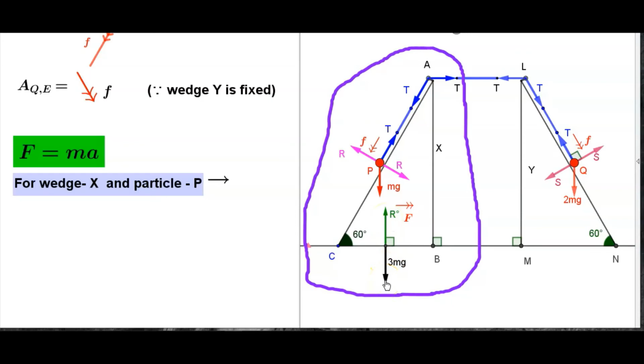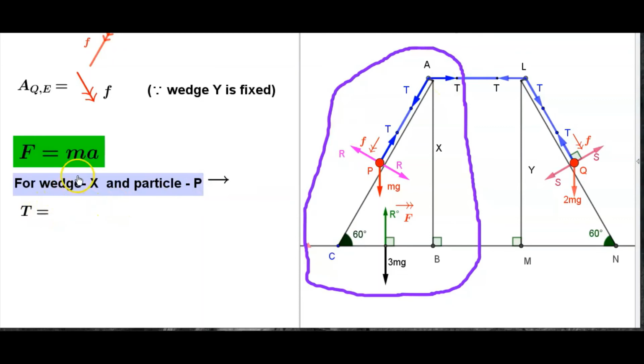The weight 3mg won't come in the perpendicular direction. R0 doesn't come. This R and this R won't come because they are equal to each other. The weights won't come. This T and this T are balanced. Therefore, this T is the resultant in the horizontal direction.